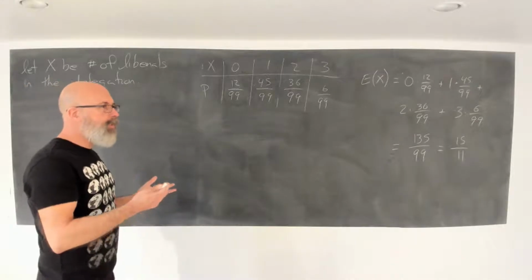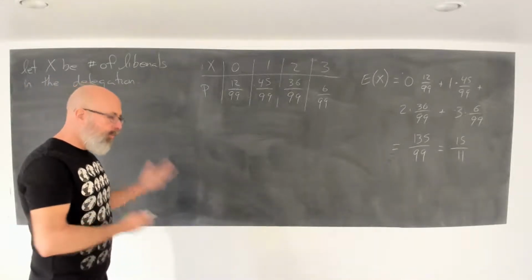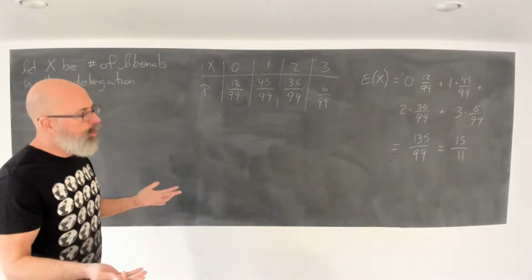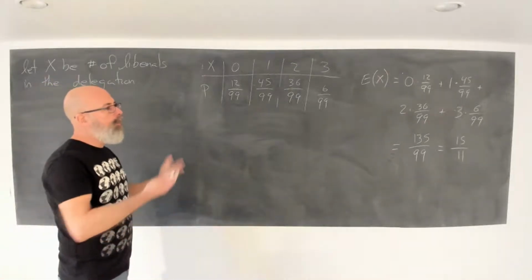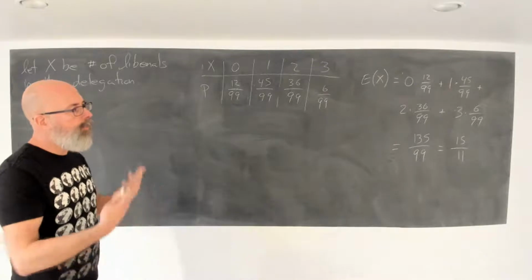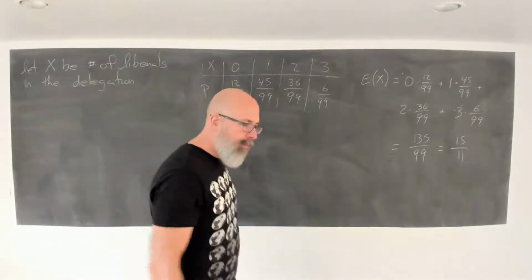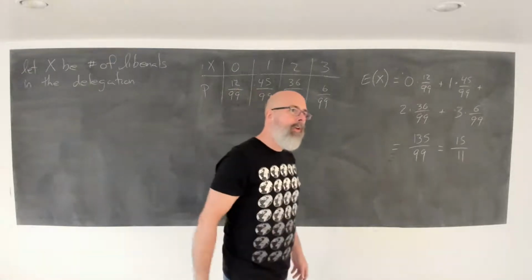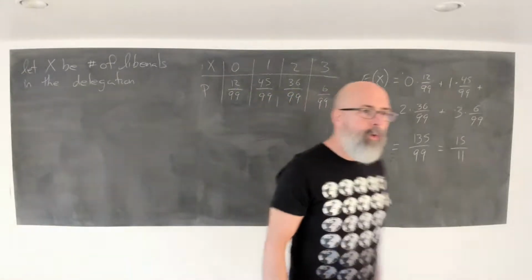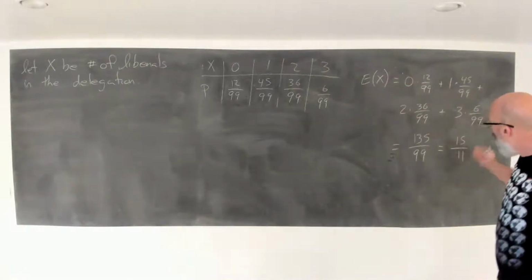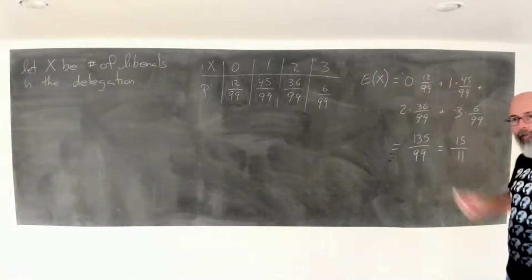Well, it's an average, right? If you took enough delegations at random and counted the number of liberals there were, then you would get something close to 15 over 11.